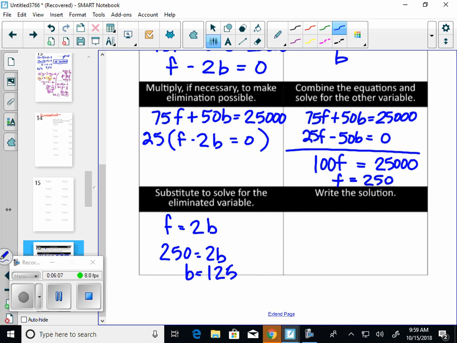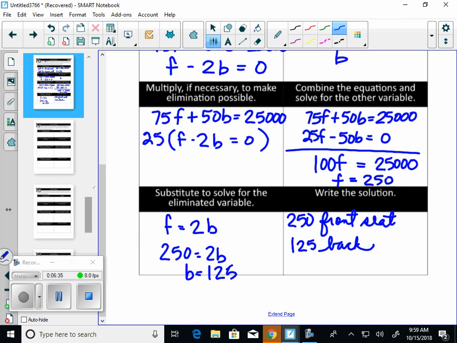So how many front seat tickets did I sell? So 250 front seat tickets and 125 back seat. That's how many I had to sell in order to make $25,000 in concert ticket sales. Questions? Not too bad, right? That's probably the hardest one.